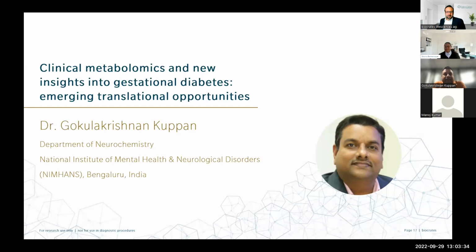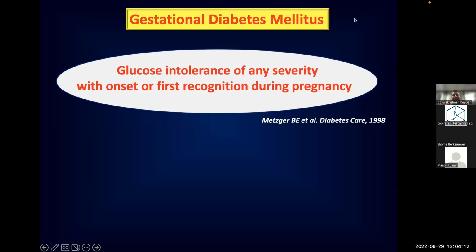For the next few minutes, I'm going to talk about clinical metabolomics and new insights in gestational diabetes, and also discuss the emerging translational opportunities. Gestational diabetes is a glucose intolerance condition of any severity with onset or first recognition during pregnancy.